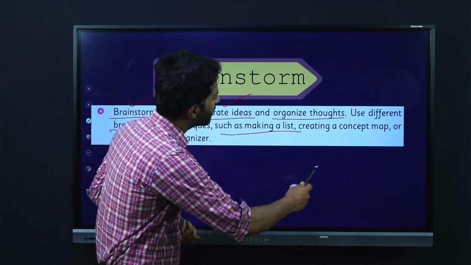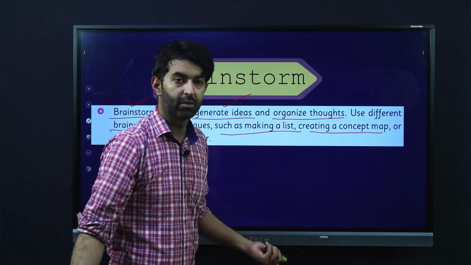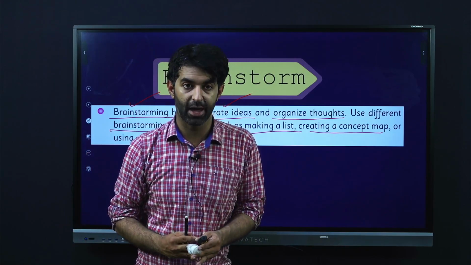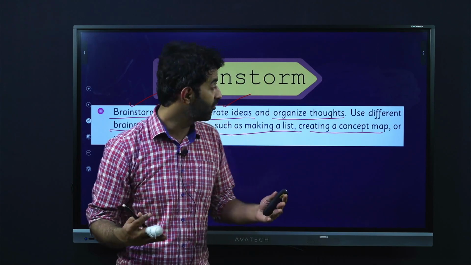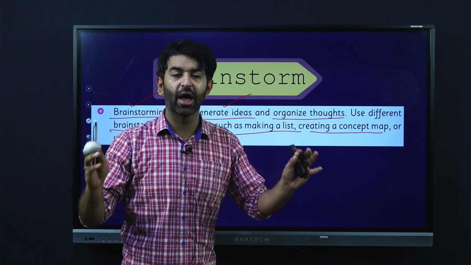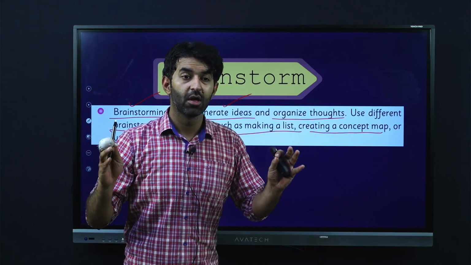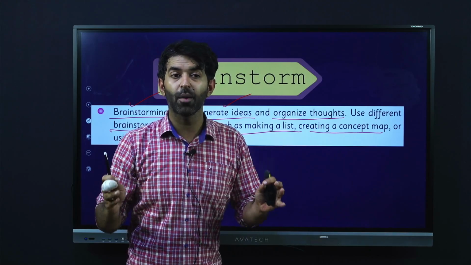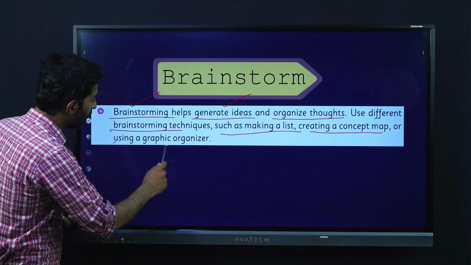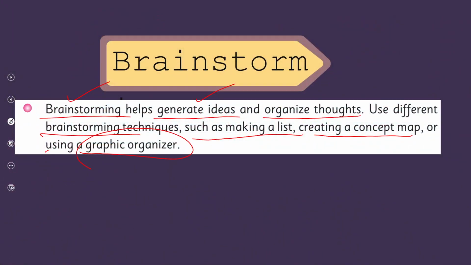Then we can create a concept map. You are already familiar with it. You can create a map of all your ideas, your different topics and subtopics that you're going to discuss in the essay. And then you are using a graphic organizer.